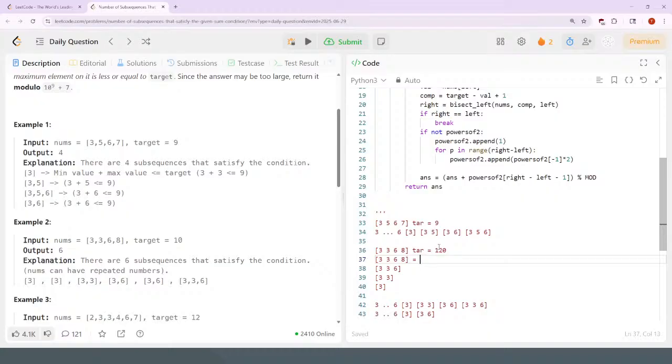So this is going to be 16. This is going to be 8. How is 3 to 3, 4? This should be 2, right? 3 by itself, or 3 with a 3.